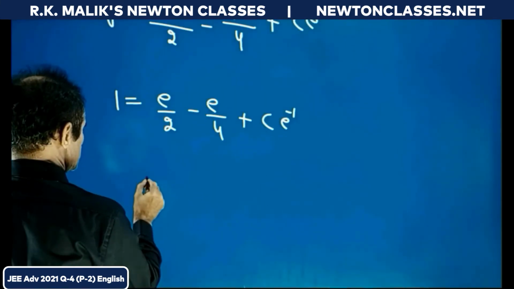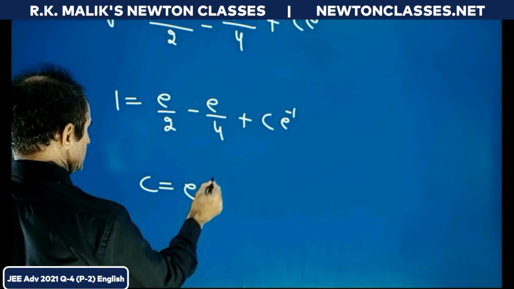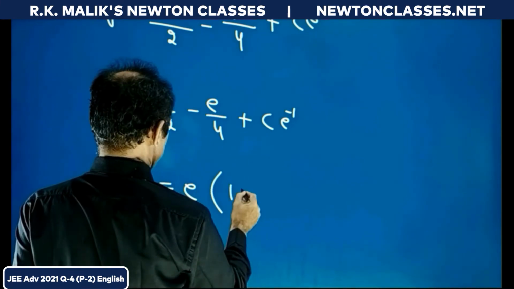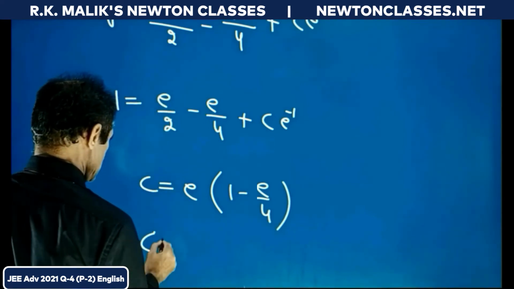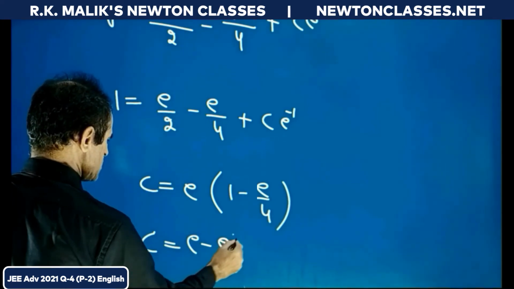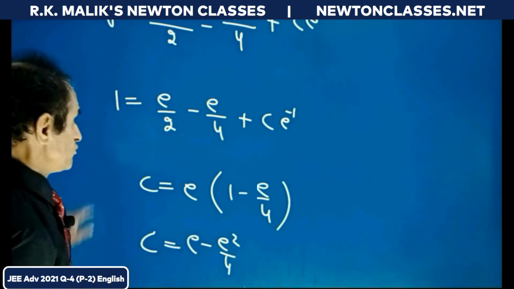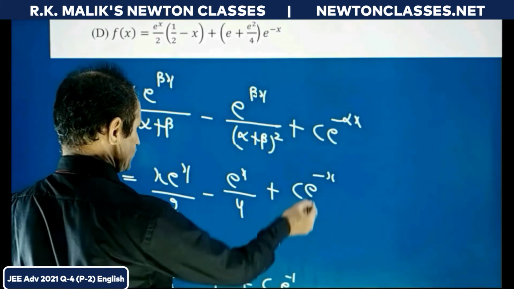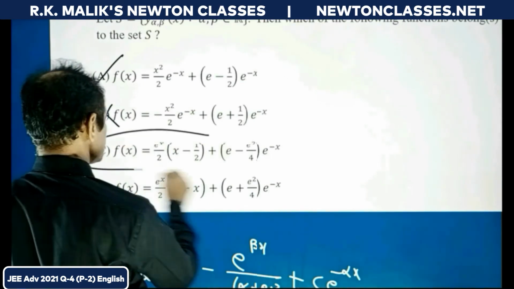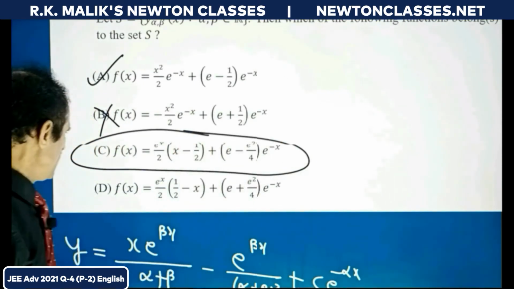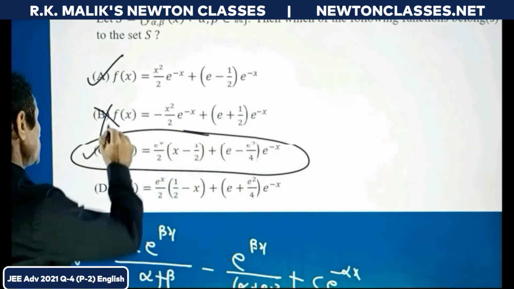And this means c is equal to e into 1 minus e by 4. That is, c is equal to e minus e square by 4. And it is clear that for this value of c, this will match with this. Hence C is also correct.